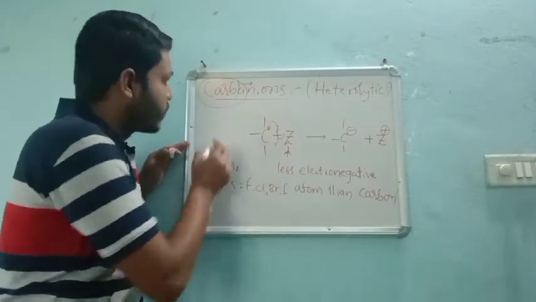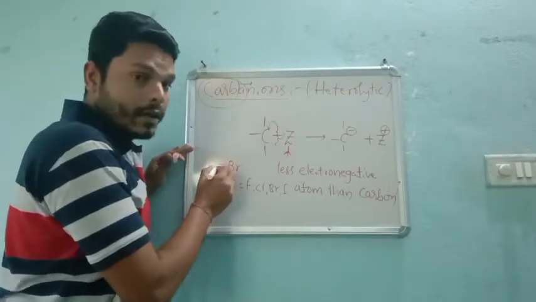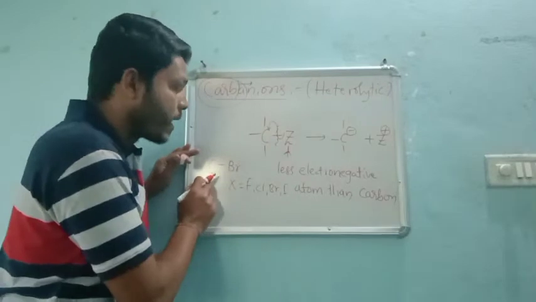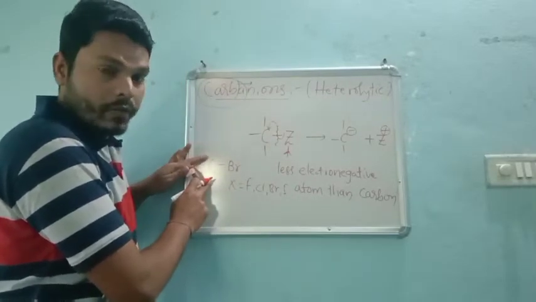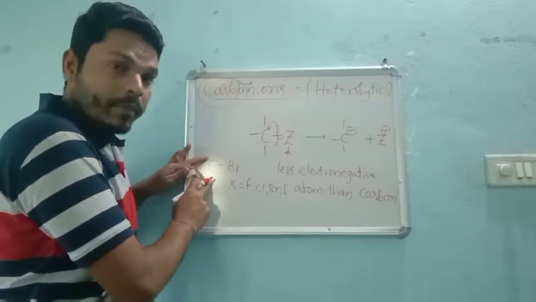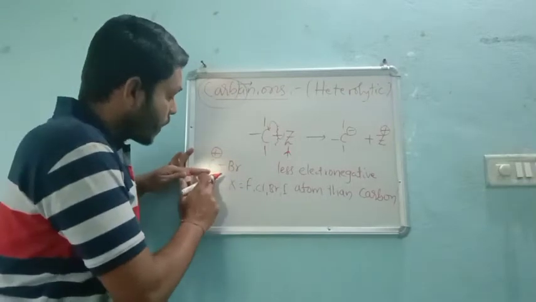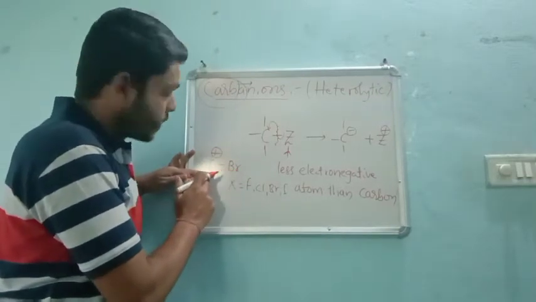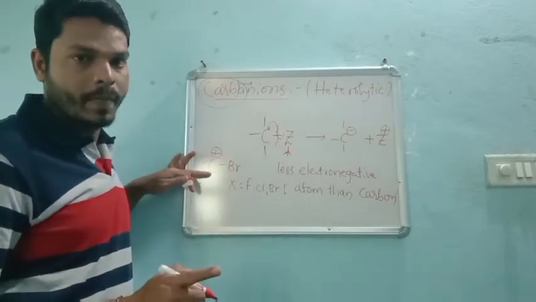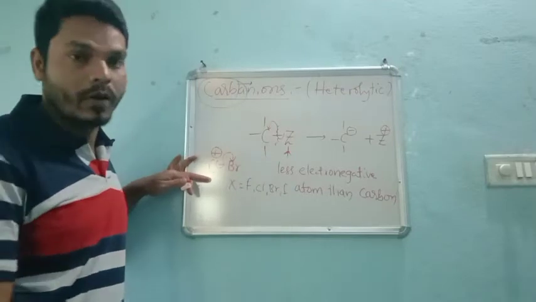So for the formation of a carbocation, we require a more electronegative atom than the carbon, right? Very important. To form a carbocation, I repeat, the carbon bond should be with a more electronegative atom. Then what happens? The carbon will undergo the loss.